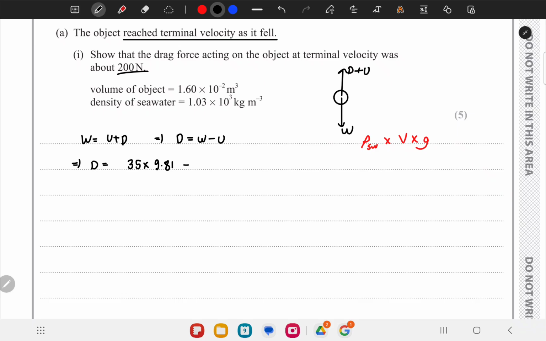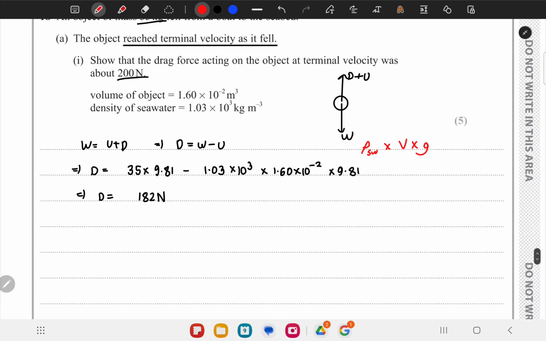Here it would be 1.03 times 10 to the power 3 times 1.60 times 10 to the power minus 2 times 9.81. From here, if I calculate D, it will come out to 181.7, so 182 newtons. The weight is mg, this is rho Vg.